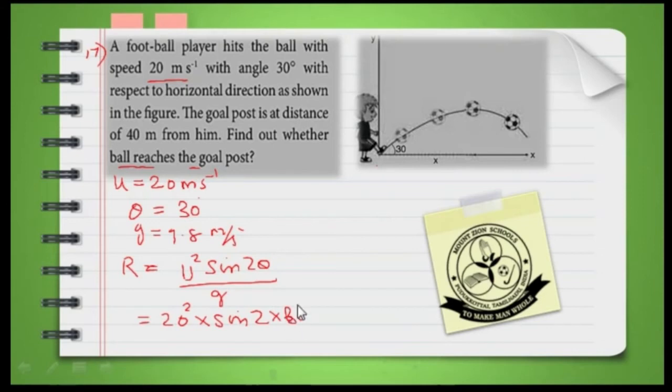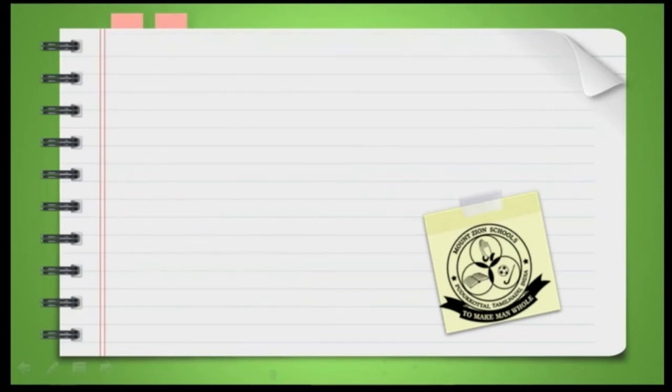Okay, that becomes sine 60 degree, divided by 9.8. Now, when you just solve this, that would be equal to 400 into root 3 by 9.8. I have just calculated manually, and that value is this much.